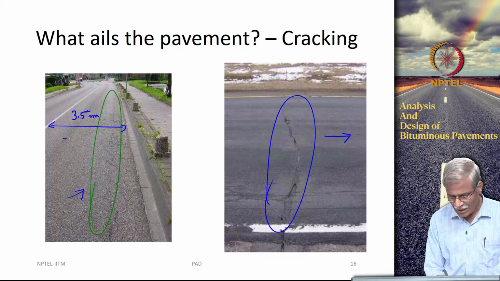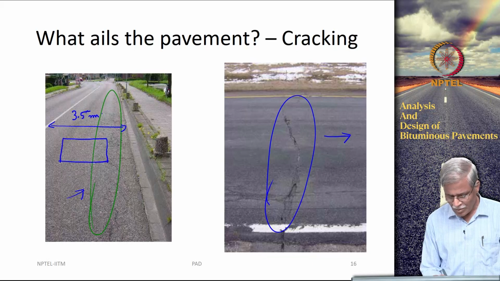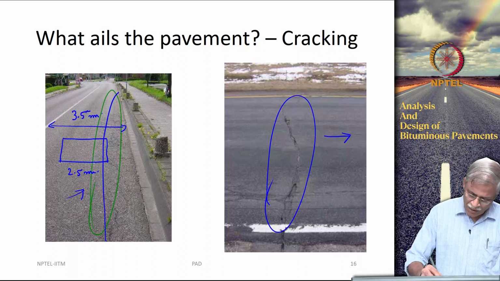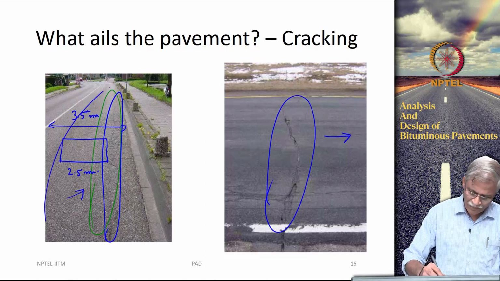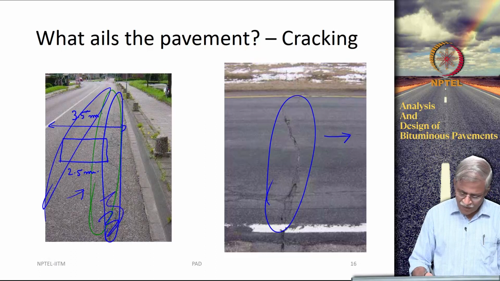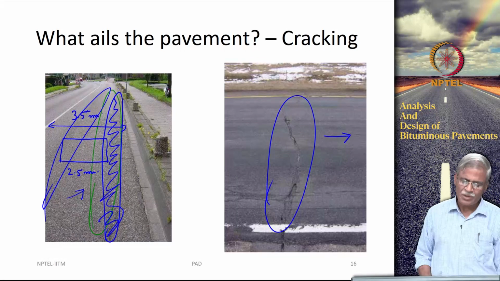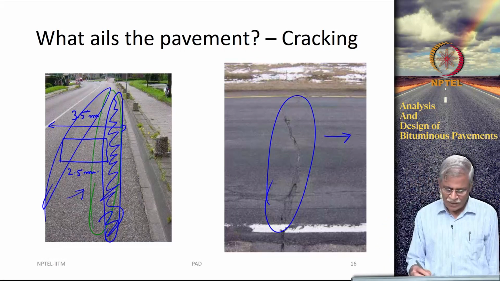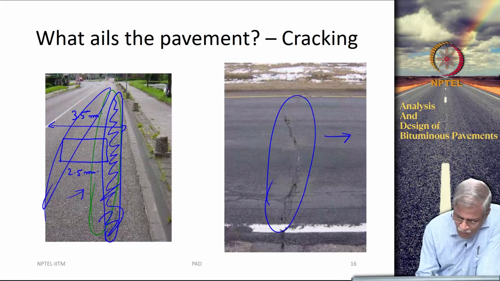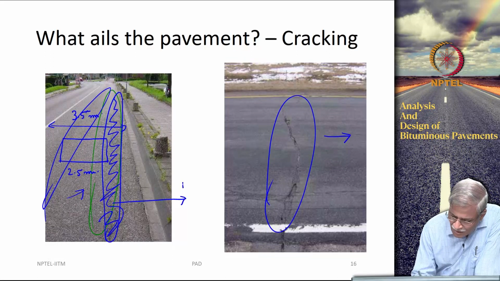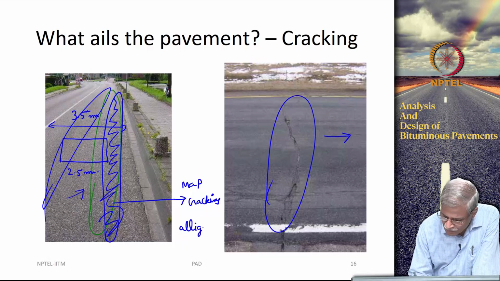Now, normally what will be the width of the vehicle that you see here? It will be roughly around 2.5 meters. So, there will be one location on either side where the layer is going to be subjected to repeated loading, and this repeated loading will cause what is really called map cracking, or also called alligator cracking.